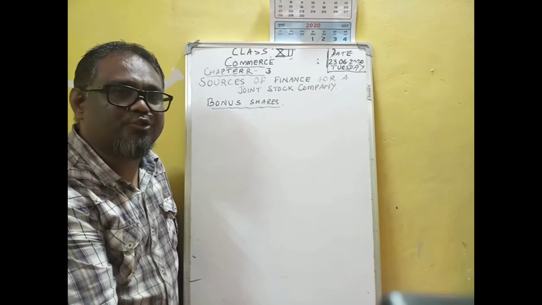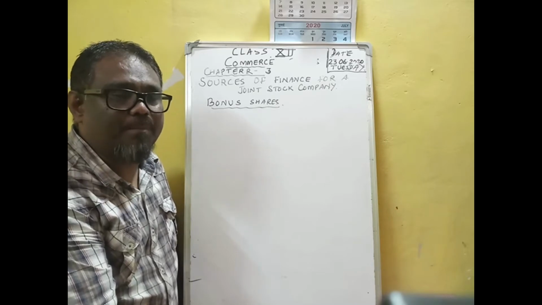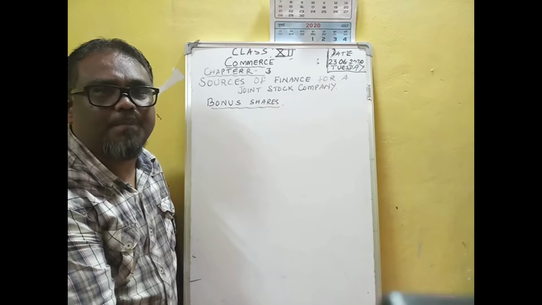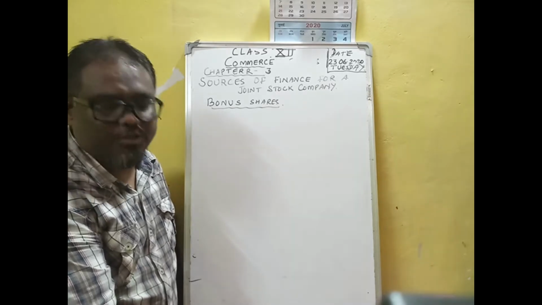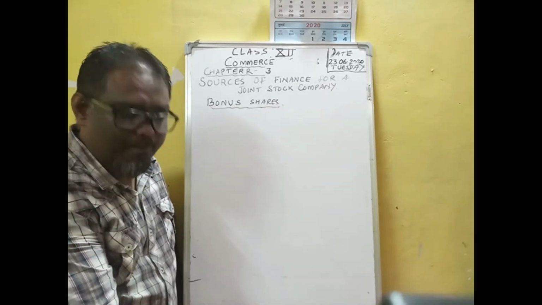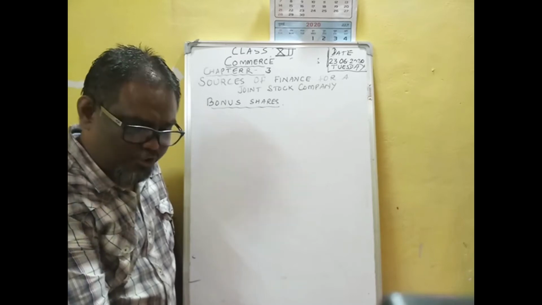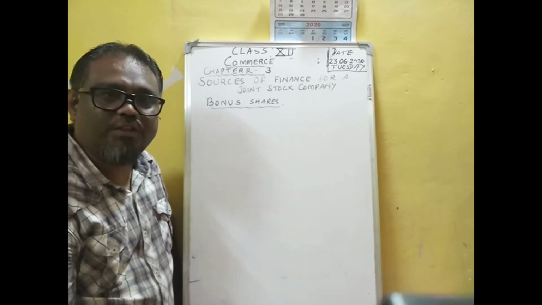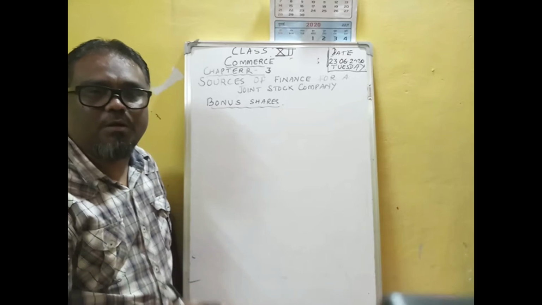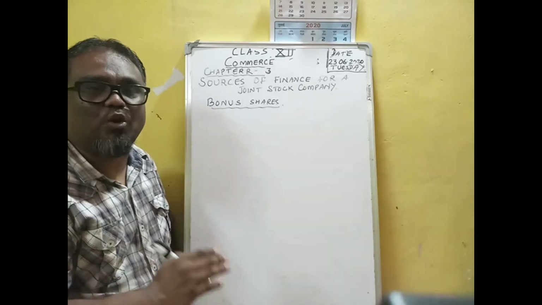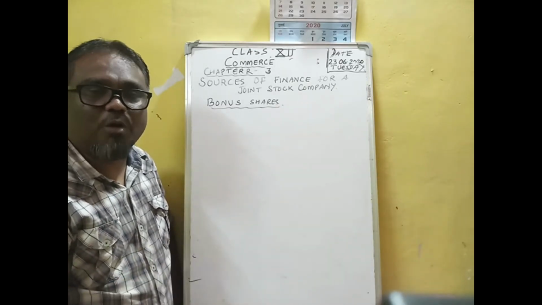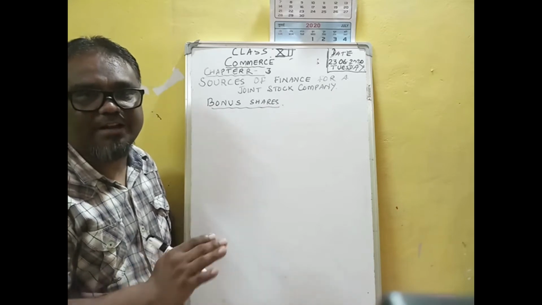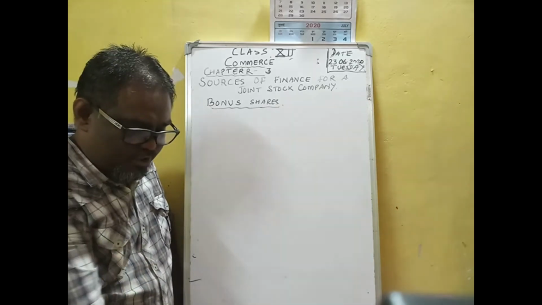The Articles of Association, the bylaw of the company, must permit it. And the Board of Directors must pass a resolution for making the issue of bonus shares. Without passing the resolution, the Board of Directors cannot make the issue.